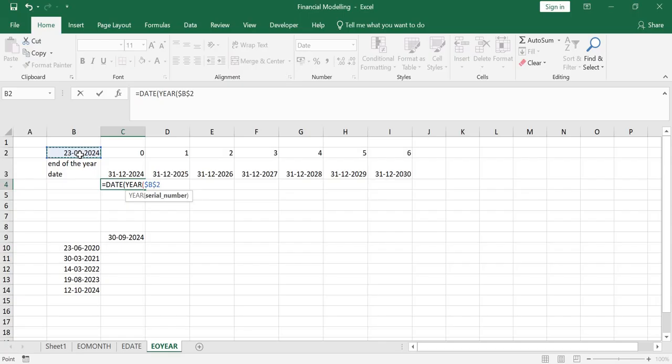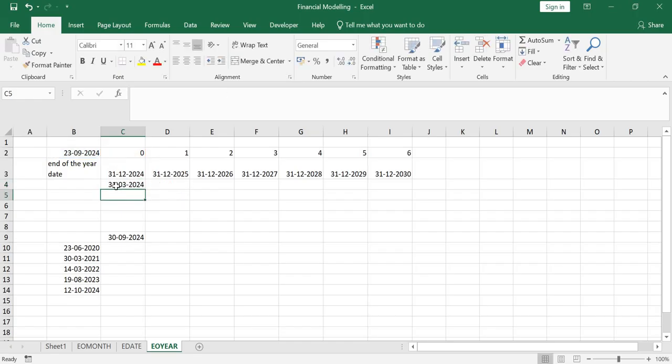Once I have pressed F4, you will put a bracket and link this, that is I want the current year end of the date, comma, now I want the financial year and the last month of the financial year is March. So I'm going to write 3, 31 and enter.